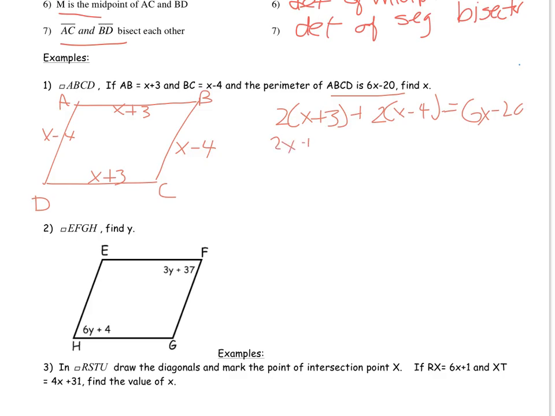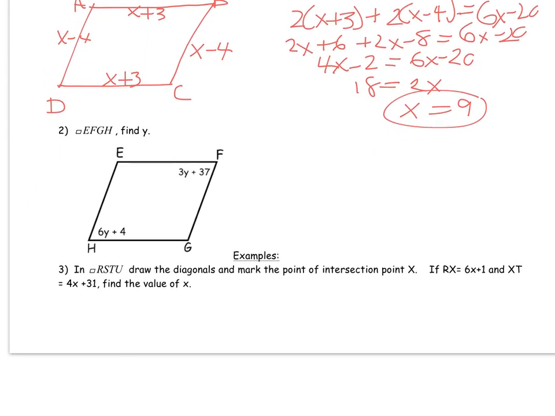So I did 2x plus 6 plus 2x minus 8 equals 6x minus 20. I did 4x minus 2 equals 6x minus 20. I subtracted 4x from both sides. Then I added 20, and I got x equals 9.